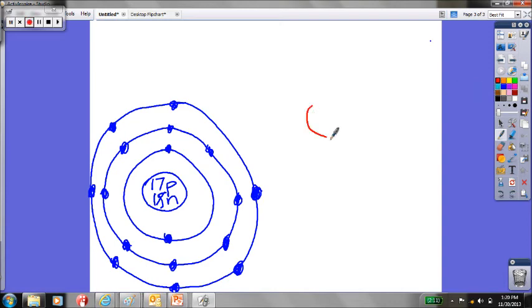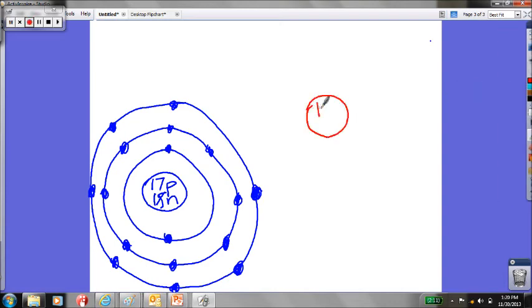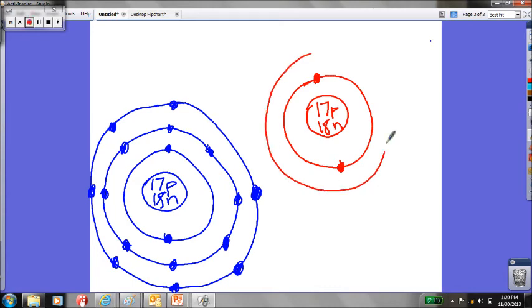I have my nucleus. It has 17 protons, it has 18 neutrons. And I'm going to start drawing the 17 electrons that this chlorine atom has. 1, 2, 3, 4, 5, 6, 7, 8, 9, 10.